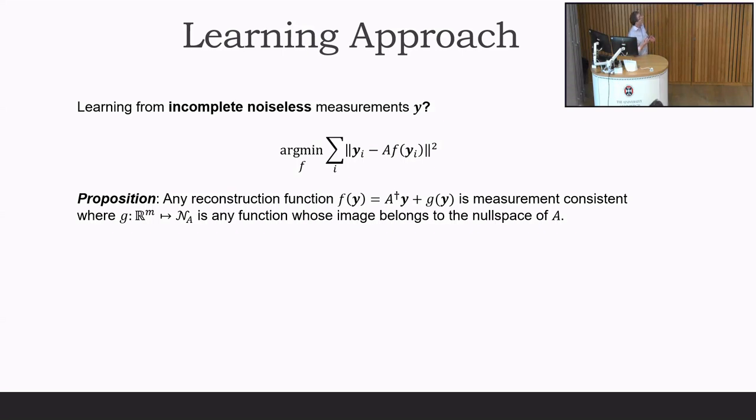And in fact, it's very simple to write down a mathematical proposition that says that if I've only got access to measurements and I've got a single measurement operator A, then any reconstruction function f of y that takes the form of the pseudo-inverse of A applied to the data plus any function g that maps the measurements into the null space of A is going to be data consistent.